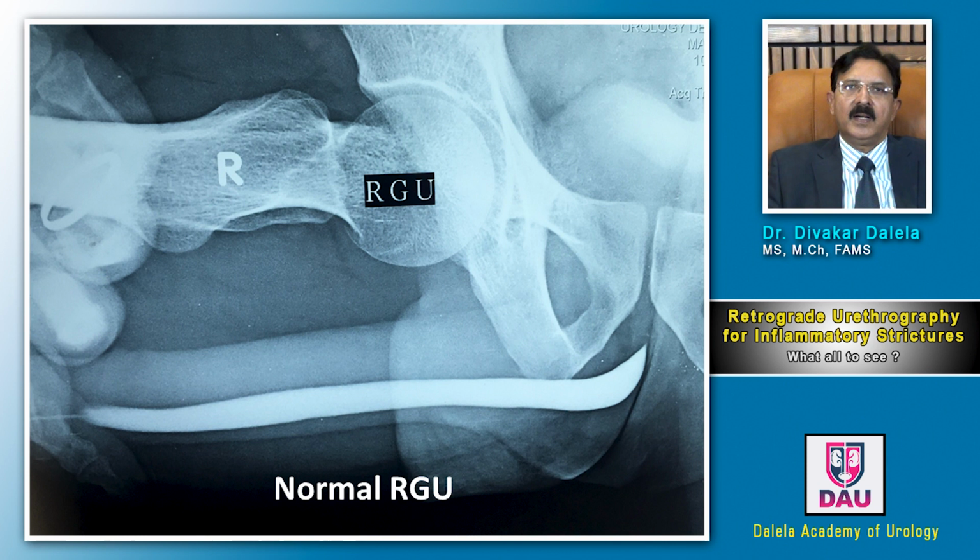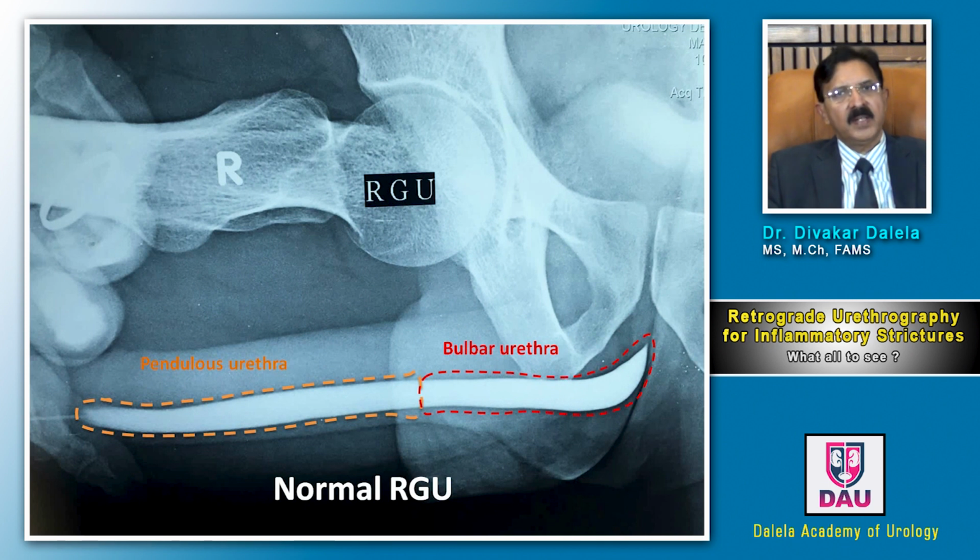When you see a normal retrograde urethrogram picture such as the one shown here, you should be able to differentiate predominantly two parts of urethra. The first part is pendulous urethra, the second part is the bulbar urethra.